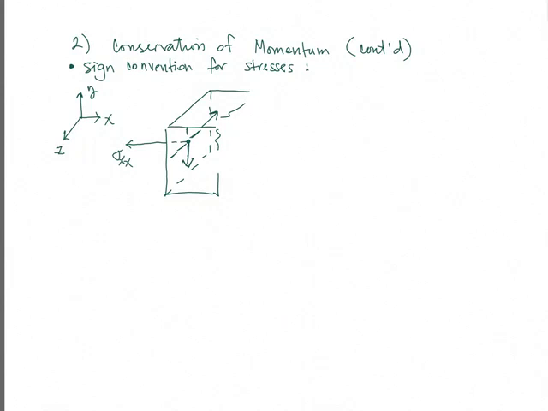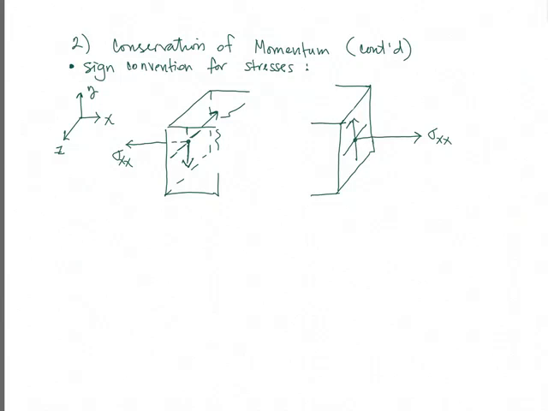On the other hand, if we're looking at this face of an element of fluid, then the outward normal points in the positive coordinate direction, and this would be a positive normal stress.